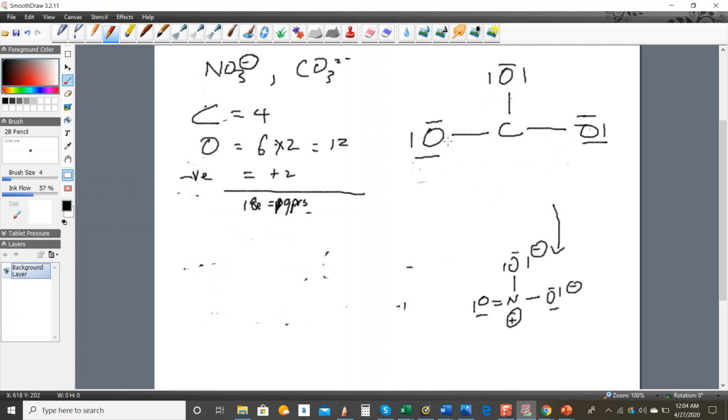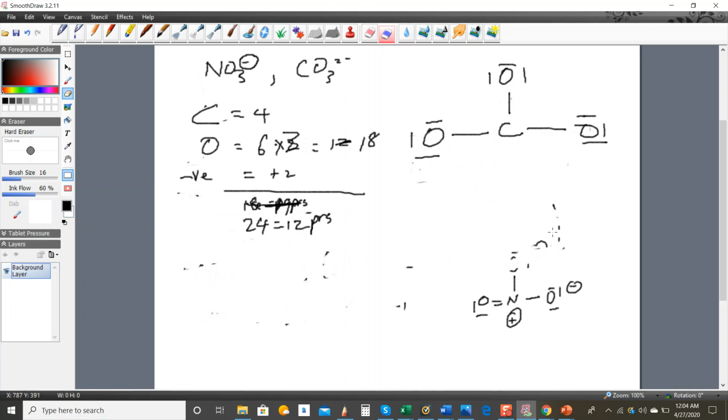Okay, what's the mistake I made here? Oh, this should be 24 electrons, equal to 12 pairs. I knew I made a mistake here. All right, so now we have the electrons correctly distributed and accounted for.